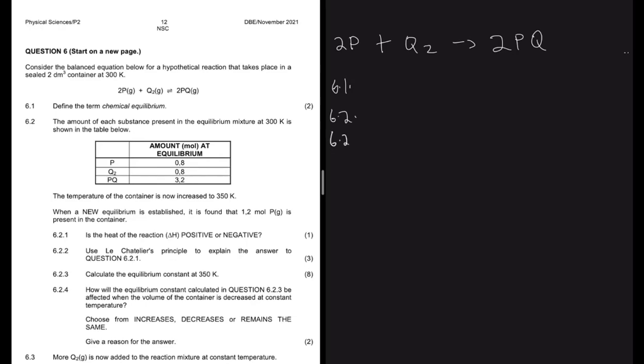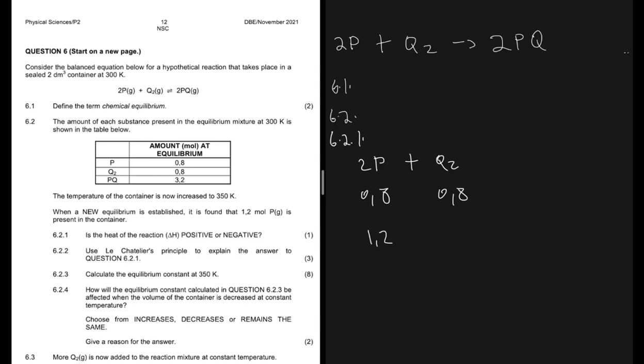And then 6.2.1 says, is the heat of the reaction positive or negative? So at our initial equilibrium, the amount of the reactants, P and Q2, is 0.8 and 0.8 moles. And then at 350 K, when the temperature is increased, we have more P, from 0.8 to 1.2. That tells us that the reverse reaction was favored by the change.